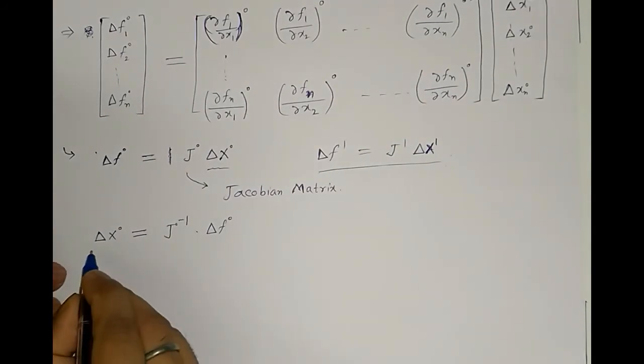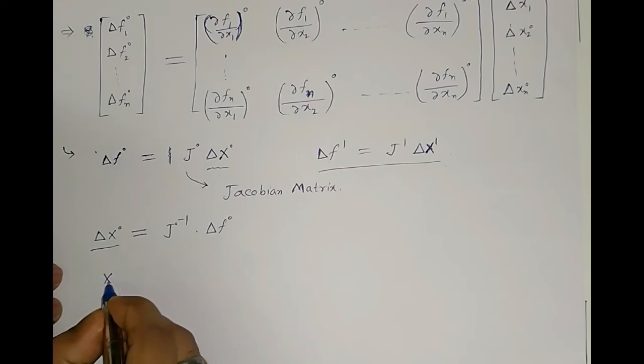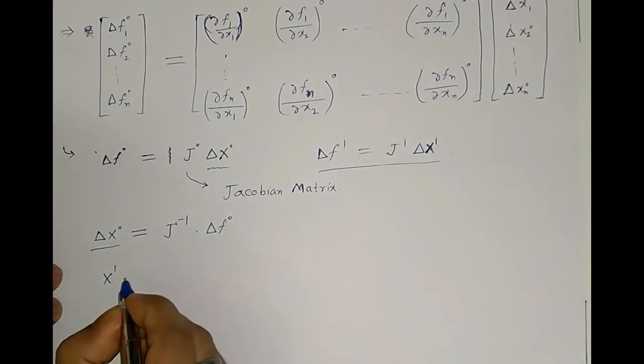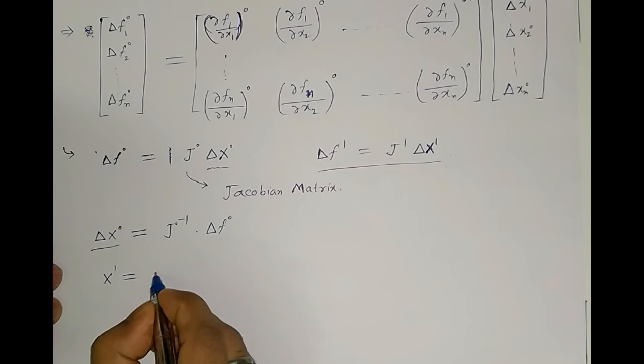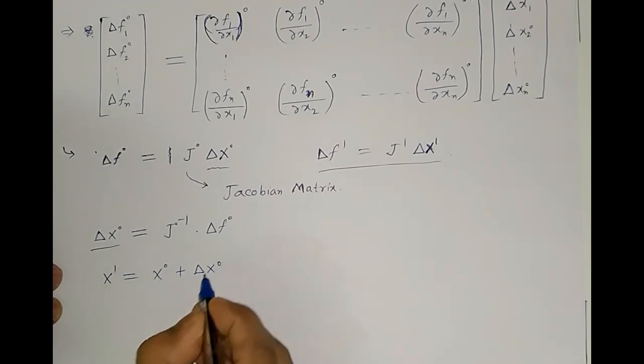In this way we can calculate the error. In the first iteration, the new corrected value of x will be x0 plus delta x0.